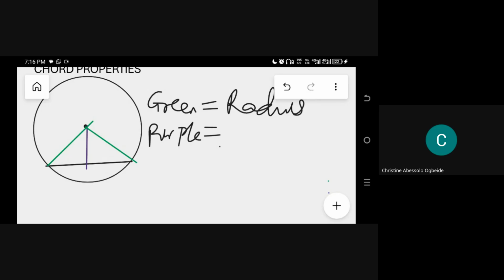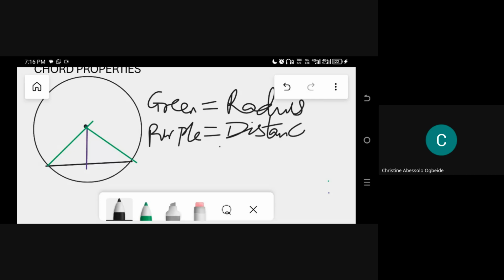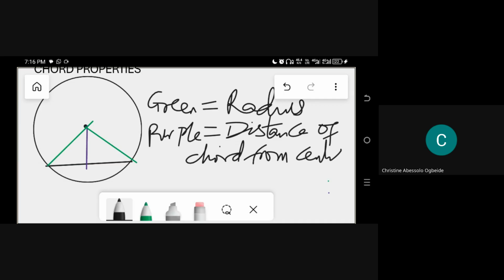You can see the center of the circle there, and then you can see the chord at the bottom. The distance of the chord from the center of the circle is the purple line.